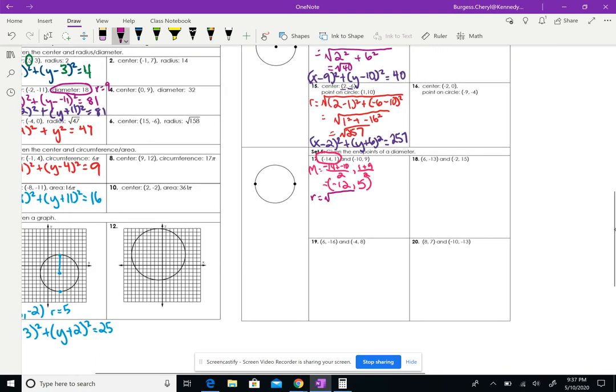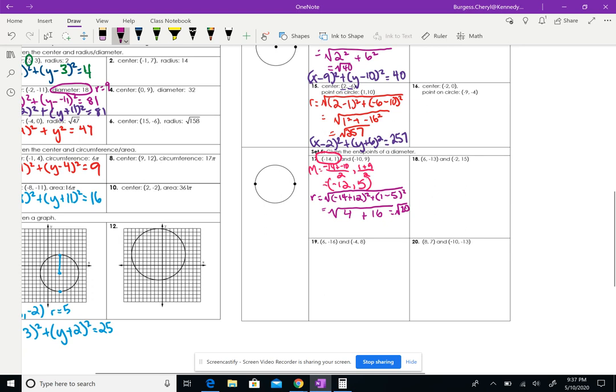Square root of negative 14 minus 12 squared, minus negative 12 is plus 12, plus 1 minus 5 squared, 2 squared, and negative 4 squared. It's the square root of 20.